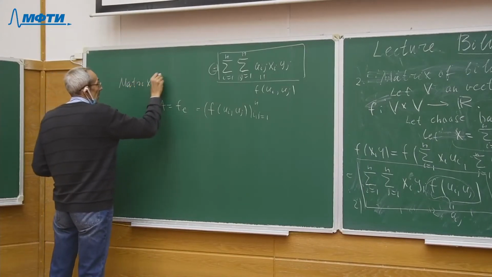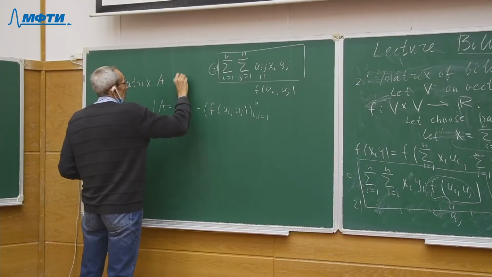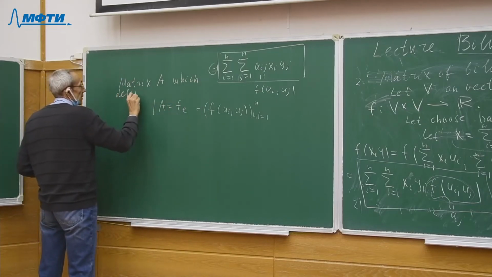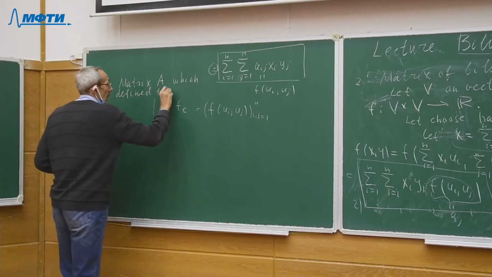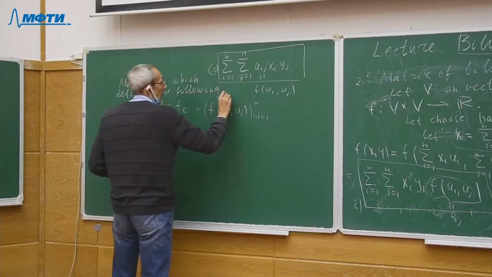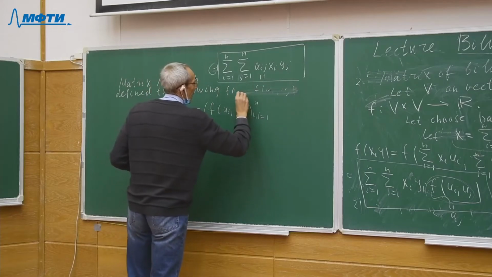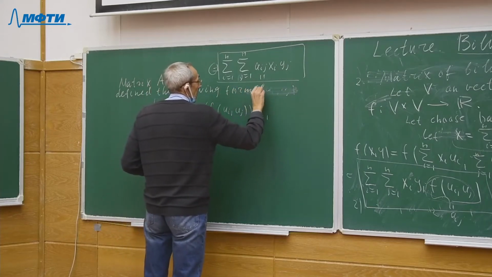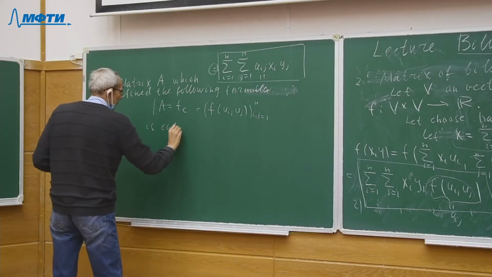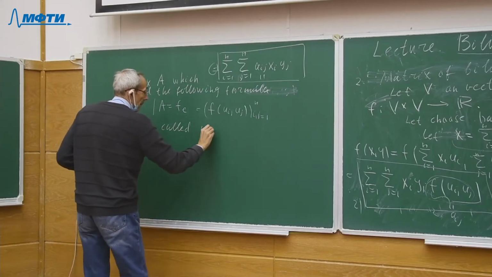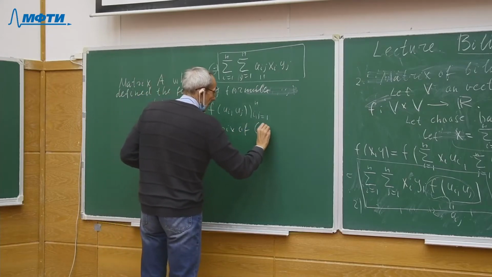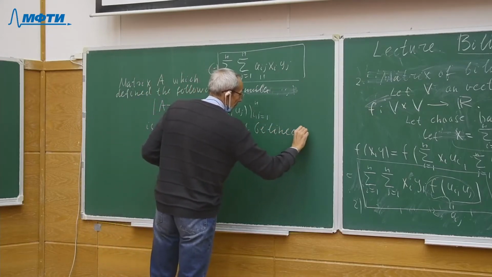The matrix A, which is defined by the following formula, is called the matrix of the bilinear form.